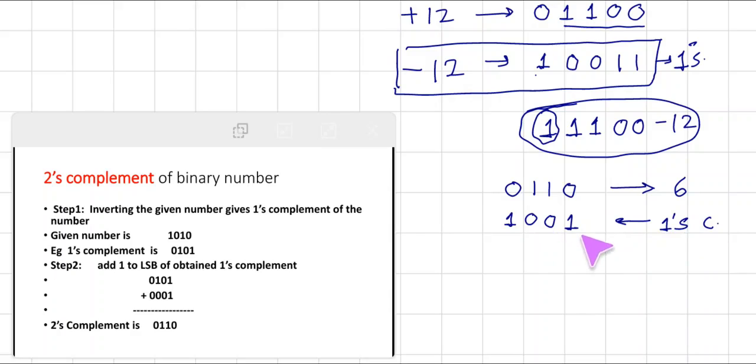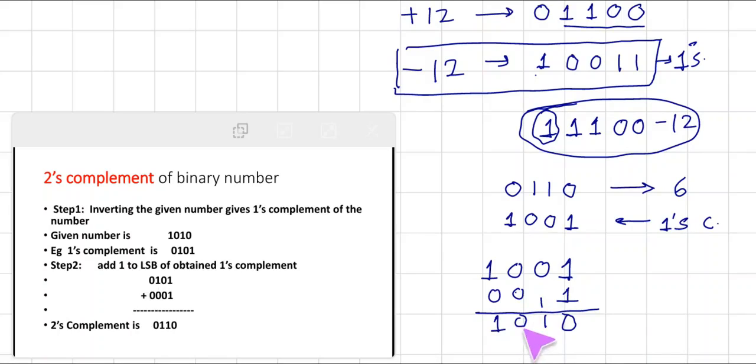Once you get the one's complemented form, 1, 0, 0, 1, you add the number 1 at the LSB. You get 1 plus 1, that is 2, so here it is 0, here it is 1, 0 plus 1 is 1, then 0 plus 0 is 0, and 1 plus 0 is 1. So this 1, 0, 1, 0 gives the 2's complement code.